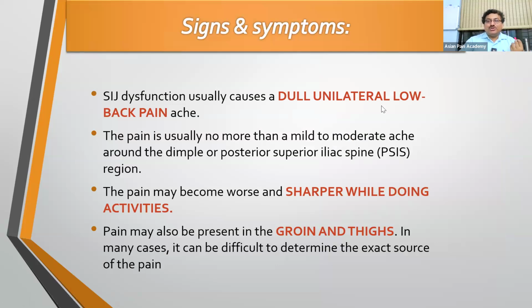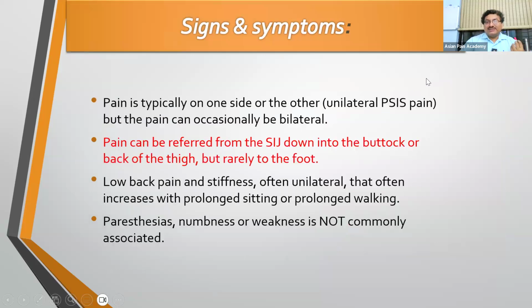In the symptoms, usually there is dull unilateral low back pain, sharper during activities, and it might radiate to the groin or thighs. Usually it does not go beyond the knee joint. Pain is typically on one side, close to the posterior superior iliac spine. Sacroiliac joint pain may be referred to the buttock, sometimes the thigh, but rarely to the foot.